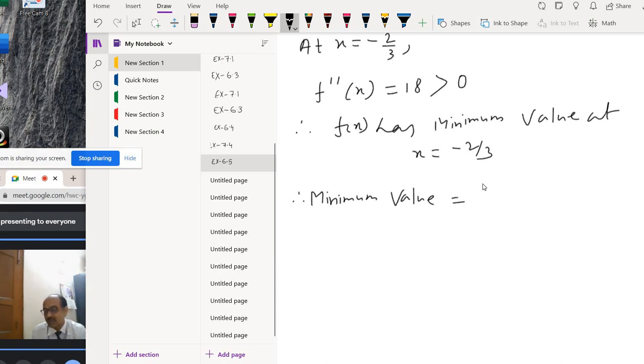The given question is 9x square, so 9 into minus 2 by 3 whole square, plus 12x, 12 into minus 2 by 3, plus 2.